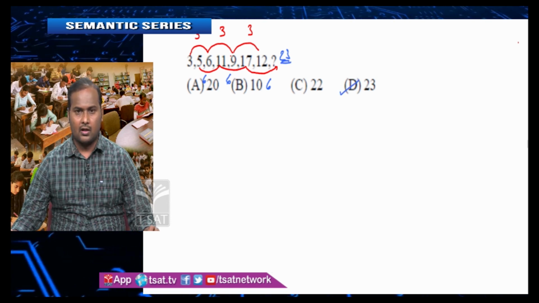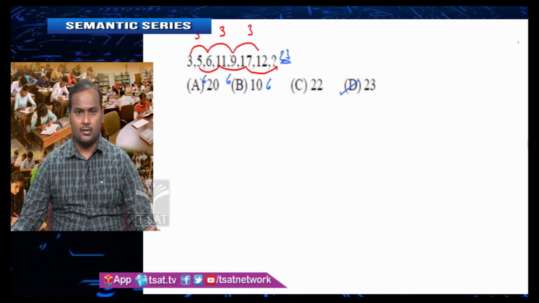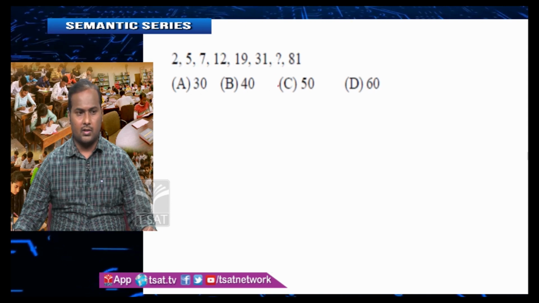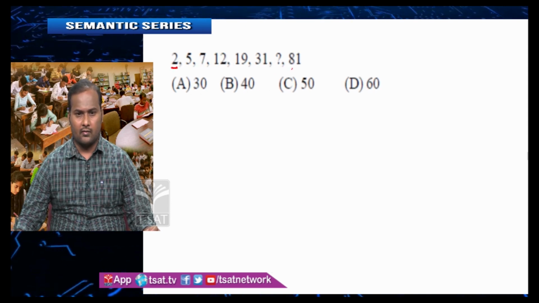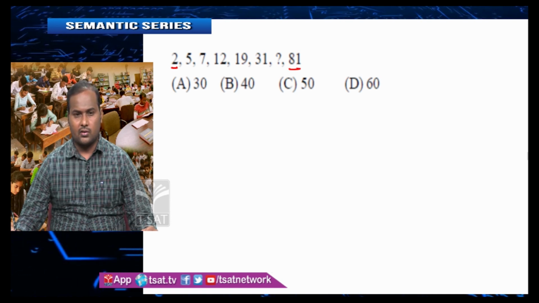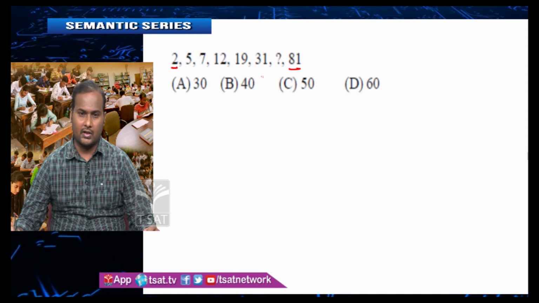Whenever we are unable to find the answer by taking the difference, keep in mind this question may be a mixed series as well. See, in this question, initially it is 2, then finally it is 81. So it is a good increase. Whenever there is a good increase, generally we will take the difference and try to check it out.